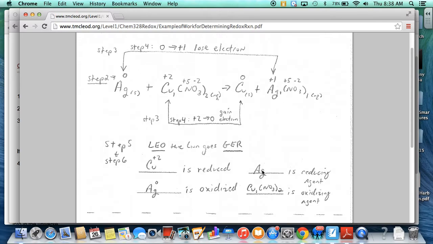So I write that. The same thing for the oxidizing agent. I know that this is being oxidized. I put my finger over that. I look on the opposite side of the plus sign, and it's the whole thing that's helping. So it's the whole thing, which is the oxidizing agent. And that's the answer they're looking for.